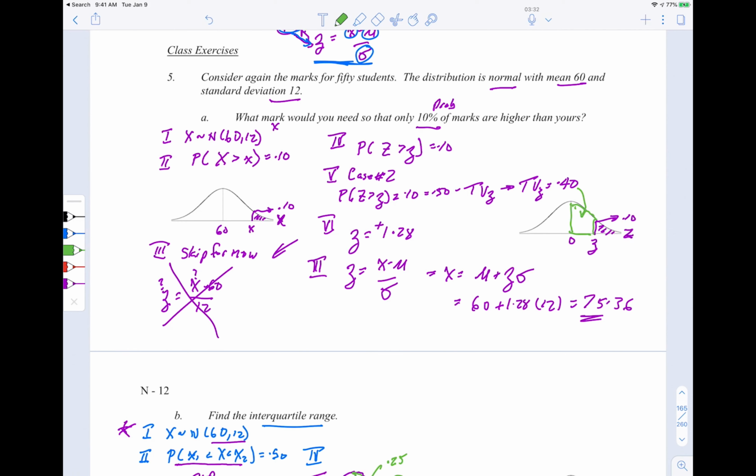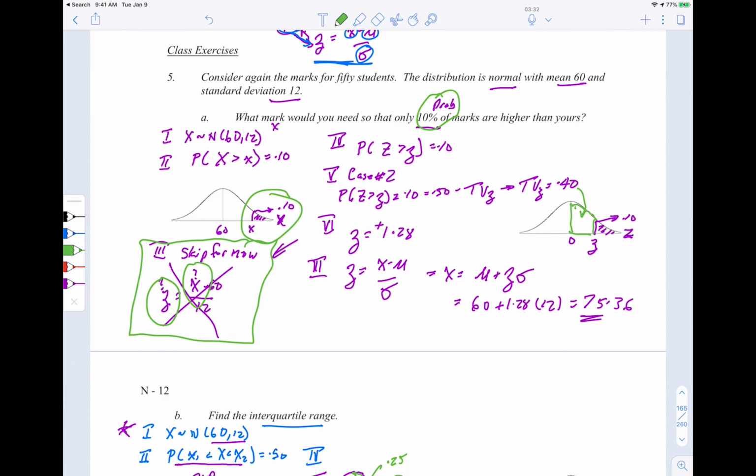So what we did here was we said, okay, we're given the probability. You can't really do a standardization here because we don't know what the Z value is and we don't know what the X value is. However, we can use this probability to find an equivalent Z value.